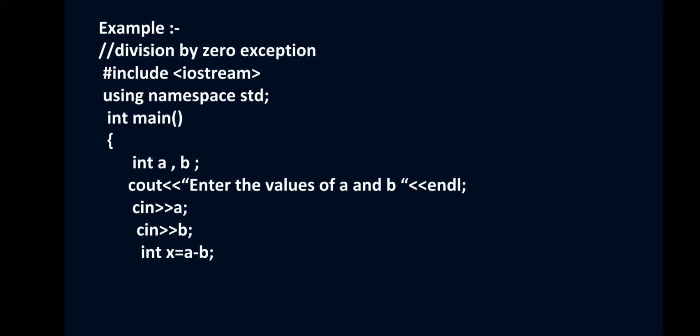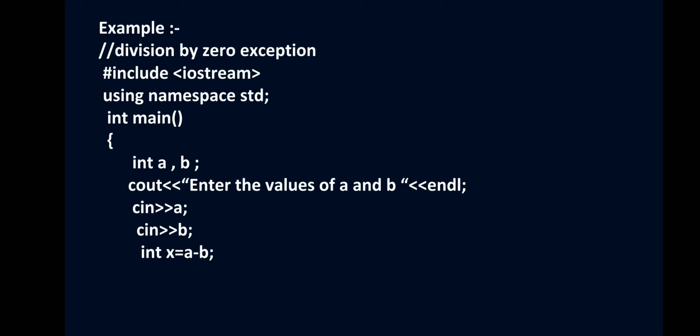If the exception handling mechanism is not used, the program is terminated when that statement is executed. So, in this example, I'm going to show you how the division by zero exception is handled by using the exception handling mechanism.